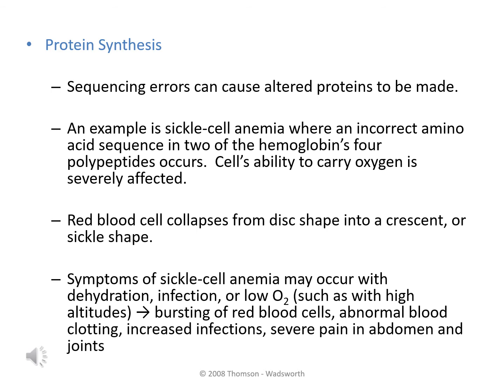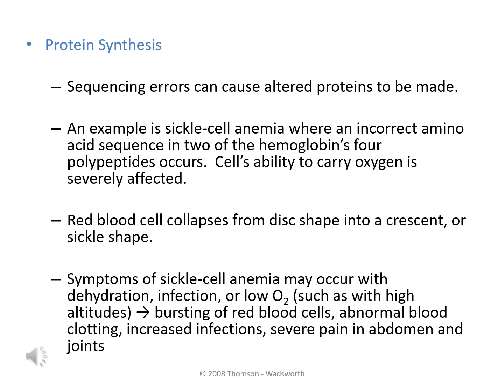In a person who has sickle cell anemia, 2 of hemoglobin's 4 polypeptide chains have the normal sequence of amino acids, but the other 2 chains do not. And in the next slide, we'll take a closer look at the specific makeup.